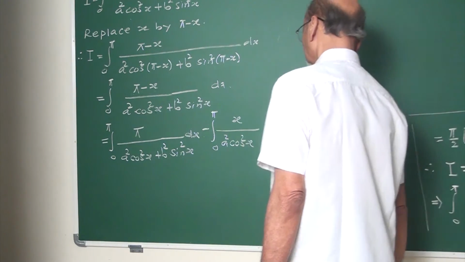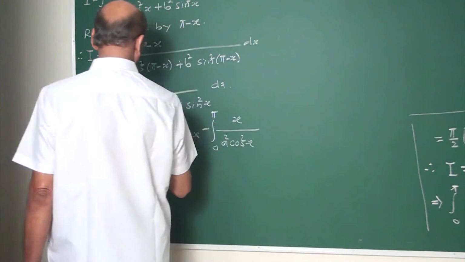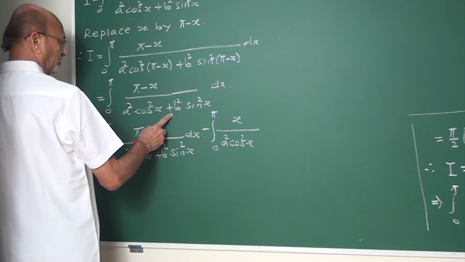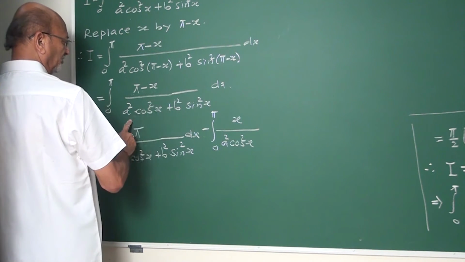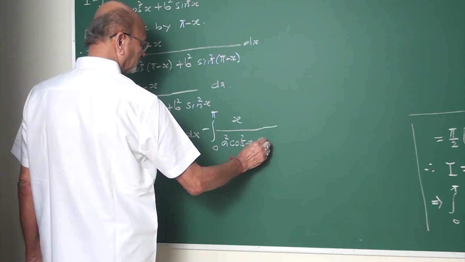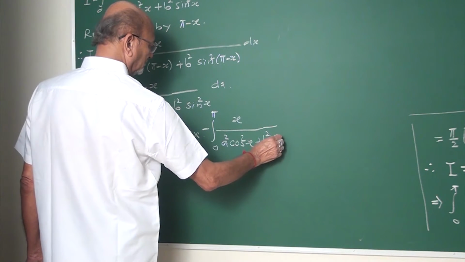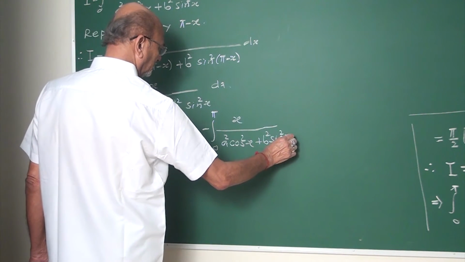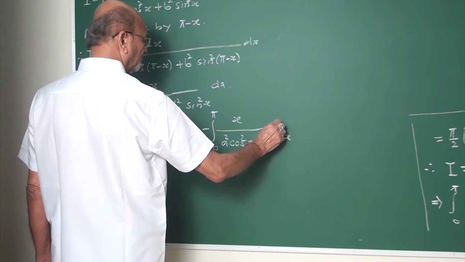Yes, friend, this is minus x upon a square cos square plus b square sin square. This dx is there.